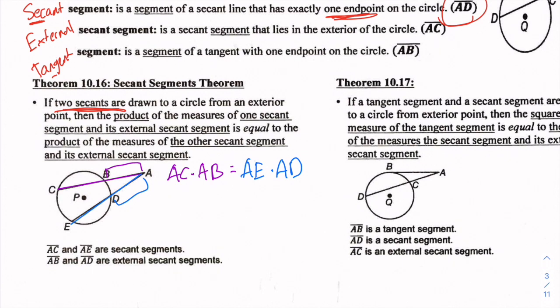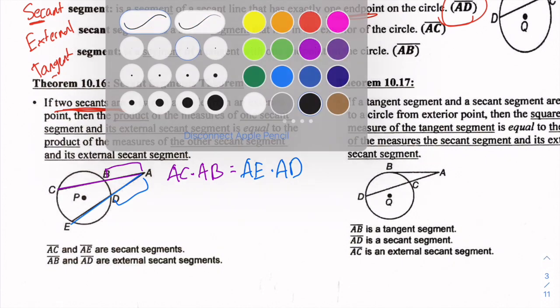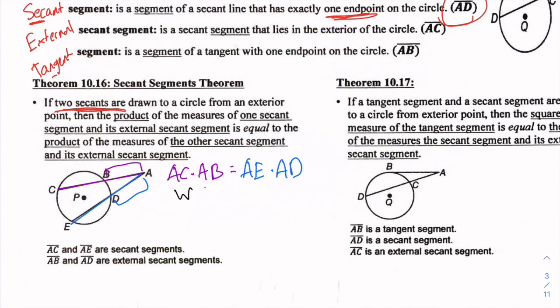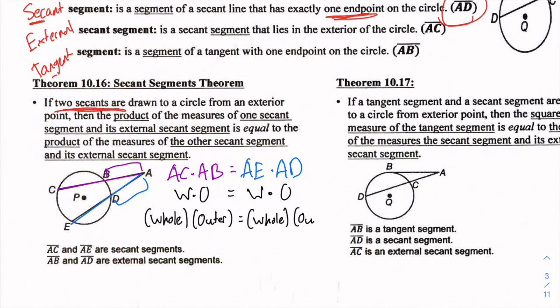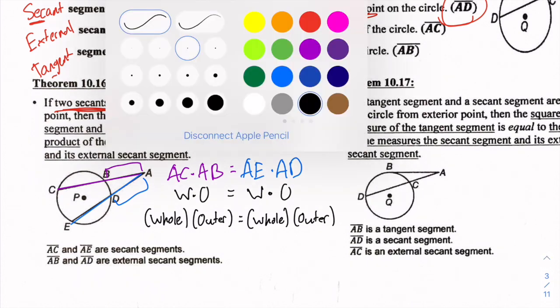So what helps me remember this formula is whole times outer equals whole times outer. Basically, the whole secant segment times the outer equals the other whole piece times the outer. So that's what I use to remember the formula.